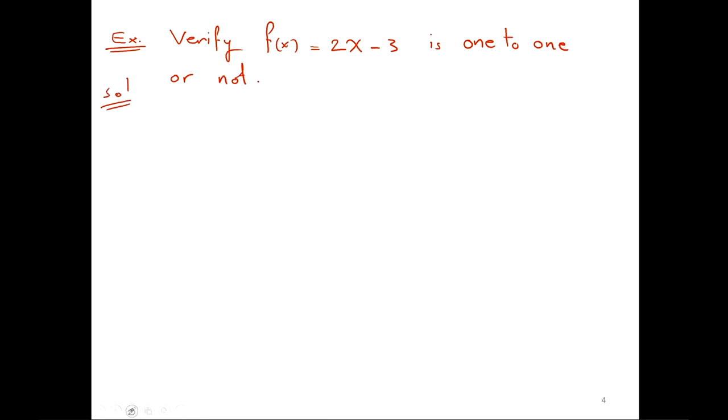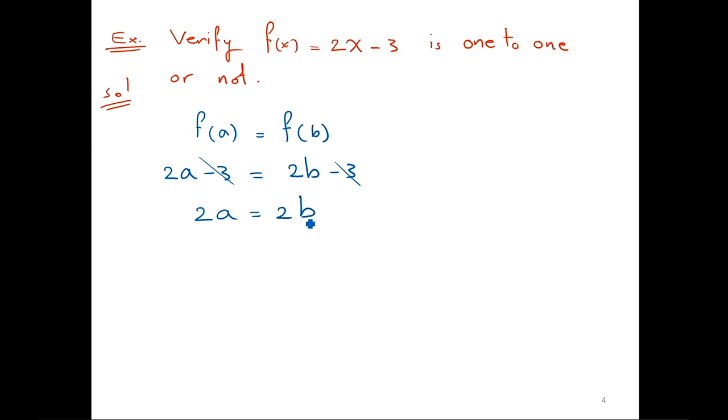The solution is, firstly, put f(A) equal f(B). Substituting A, we have 2A minus 3 equal, substituting B, we have 2B minus 3. Now we can remove -3 with -3. So we have 2A equal 2B.